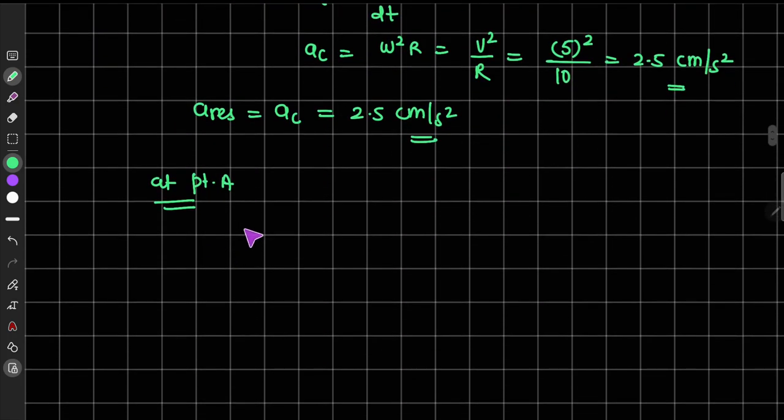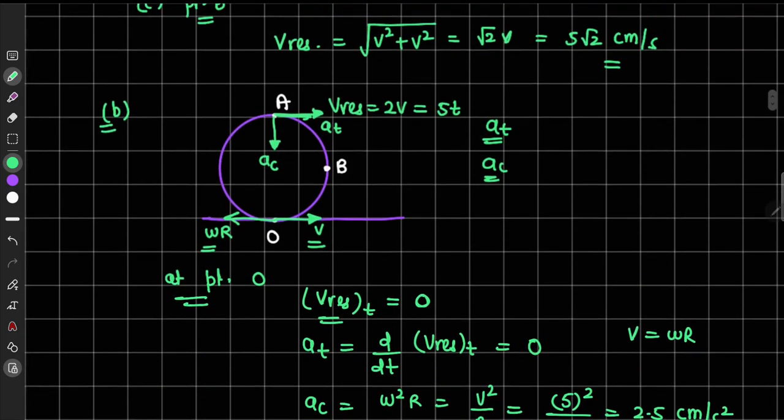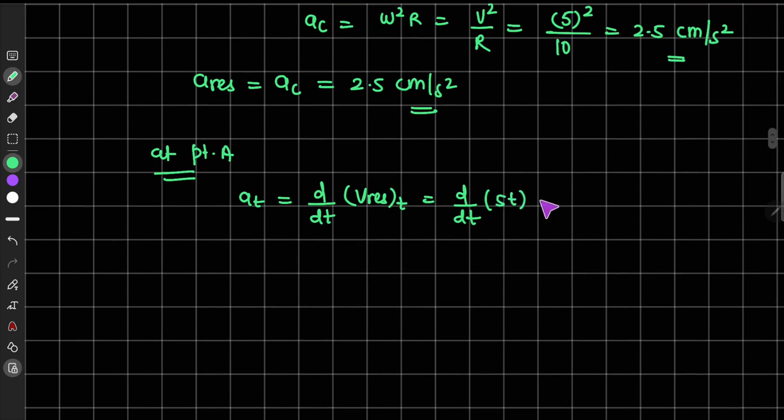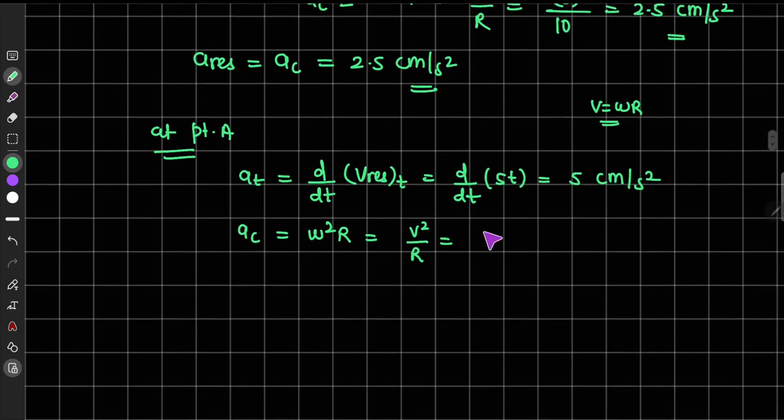So at point A, if we write at, we can write it as d by dt of velocity resultant in the tangential direction, that is equal to d by dt of 5 into t, that is equal to 5 centimeter per second square. And if we talk about the centripetal acceleration, that is equal to omega square r, or as v is equal to omega r, we can write here v square by r, that is equal to, we have found out, 5 whole square by 10, that is equal to 2.5 centimeter per second square.